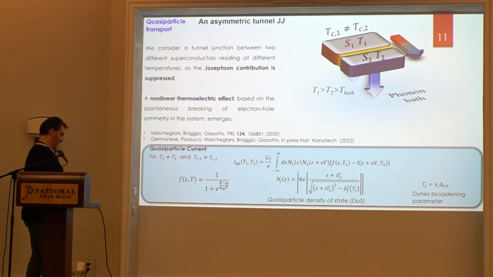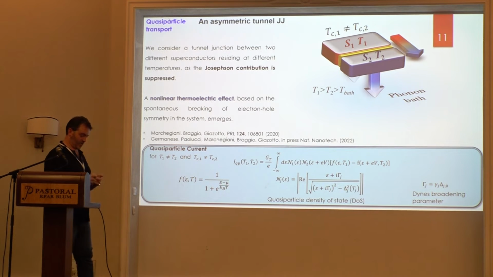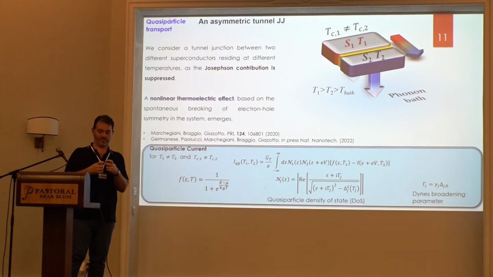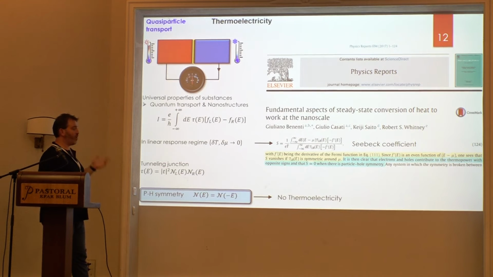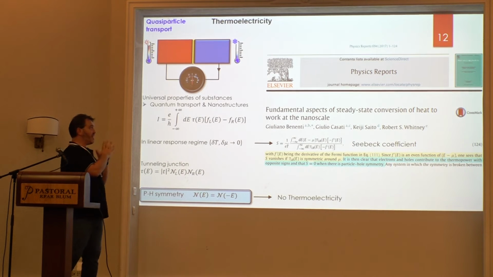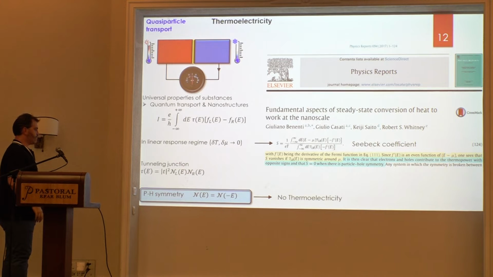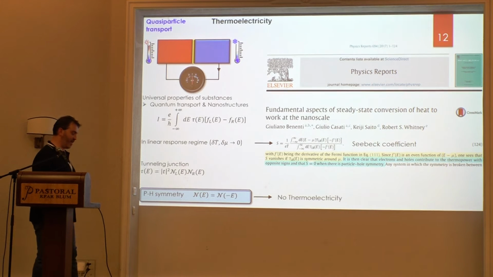They used a specific geometry to suppress the Josephson component. In this case, what they observed was a thermoelectric effect. So I want to spend a couple of words about thermoelectricity, because they observed a very peculiar nonlinear thermoelectric effect.